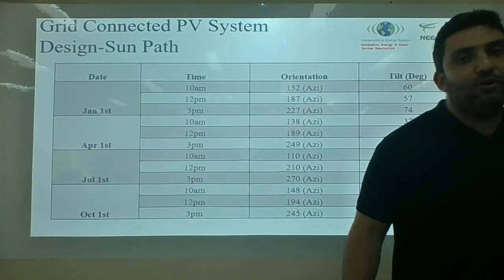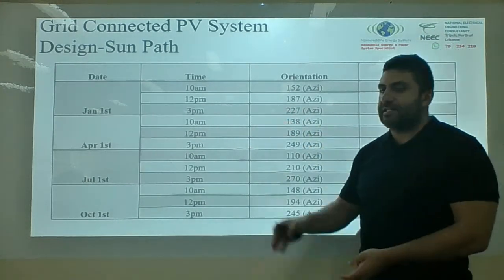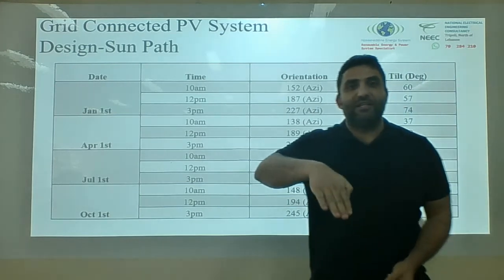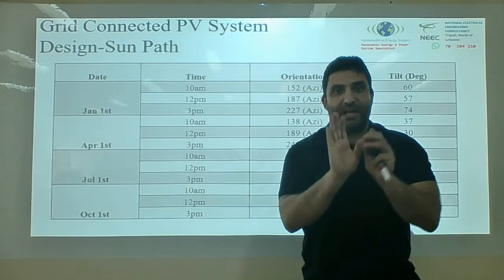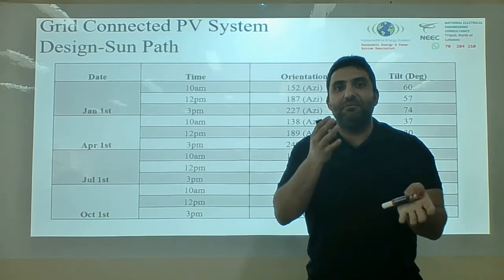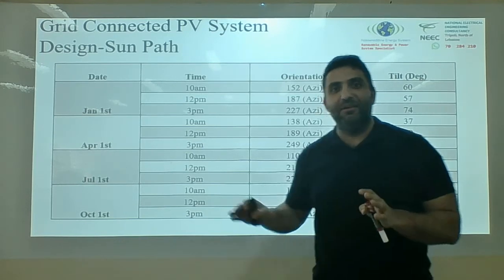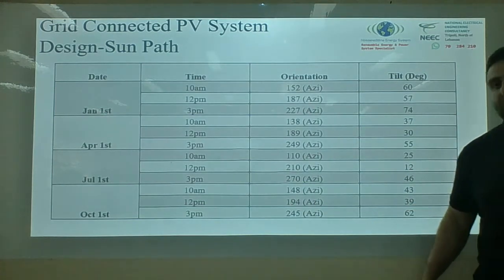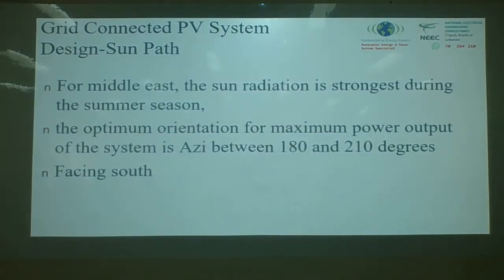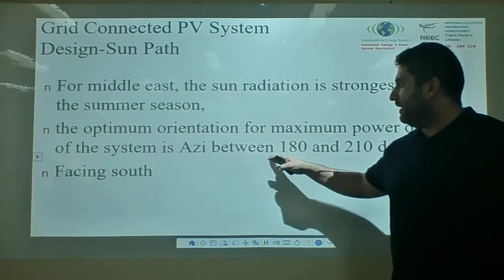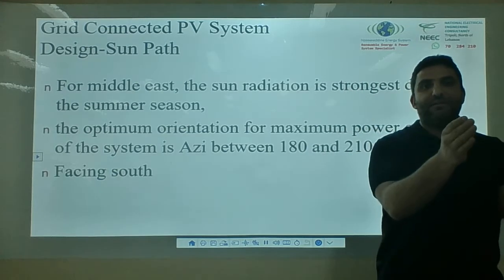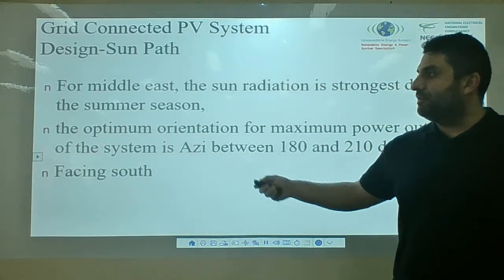So for the summer in the Middle East, I can conclude from this table that I should face south at a tilt of maybe 15 to 20 degrees. That will be suitable for June, July, August, and mid-September. For the Middle East, the sun radiation is the strongest during the summer. That's exactly what we said. The other angle is between 180 and 210, so facing south, a little bit southwest, and must not be facing north.